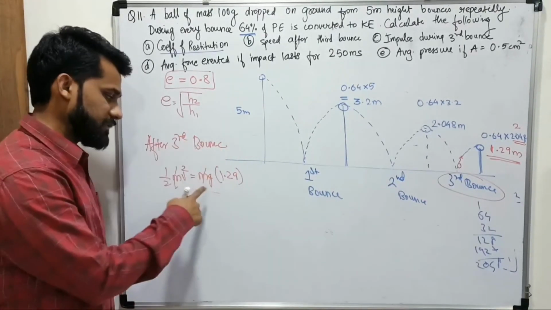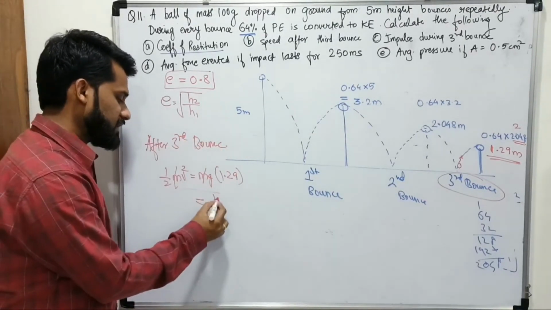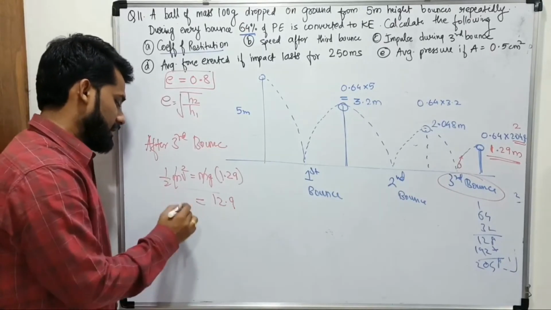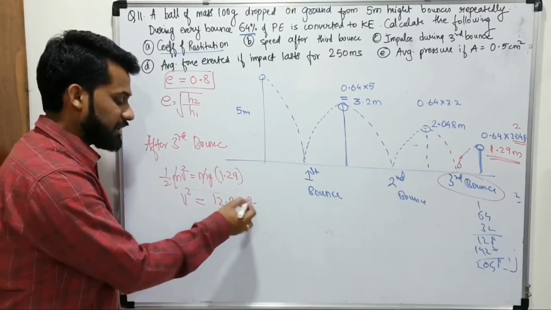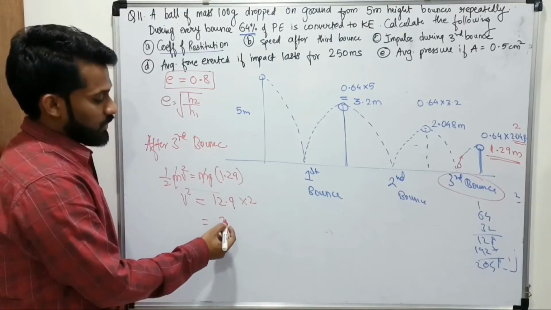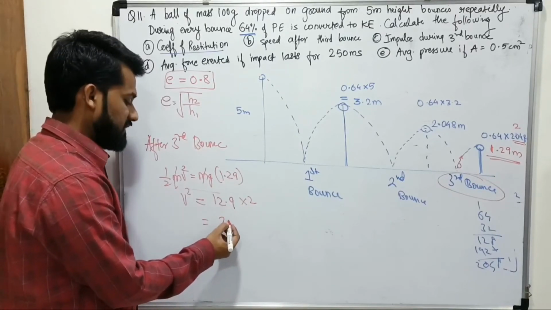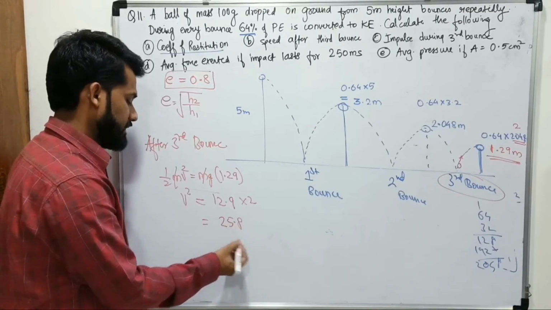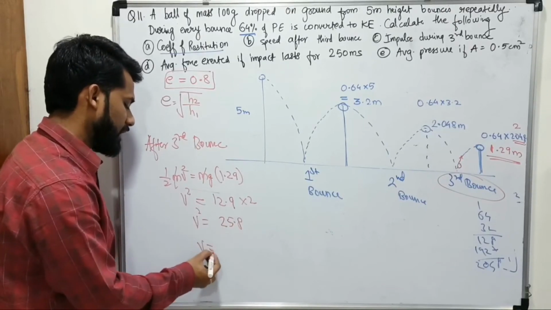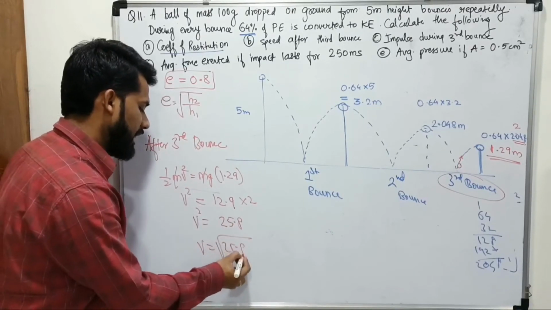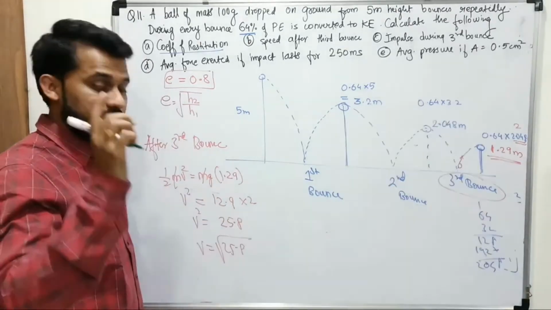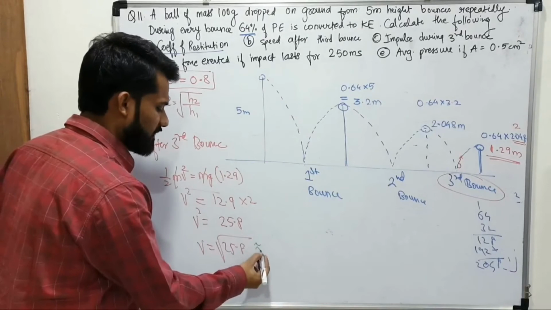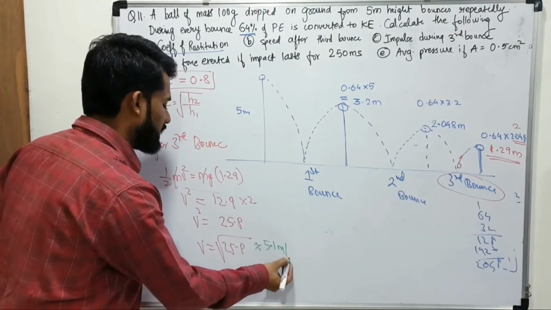Mass will cancel. g is 10. 10 into this is 12.9. v square by 2 will go up. So 12.9 into 2 is 25.8 for v square, and if you take the square root of 25.8, we know that the root of 25 is 5, so slightly greater than 5, roughly 5.1 meters per second.